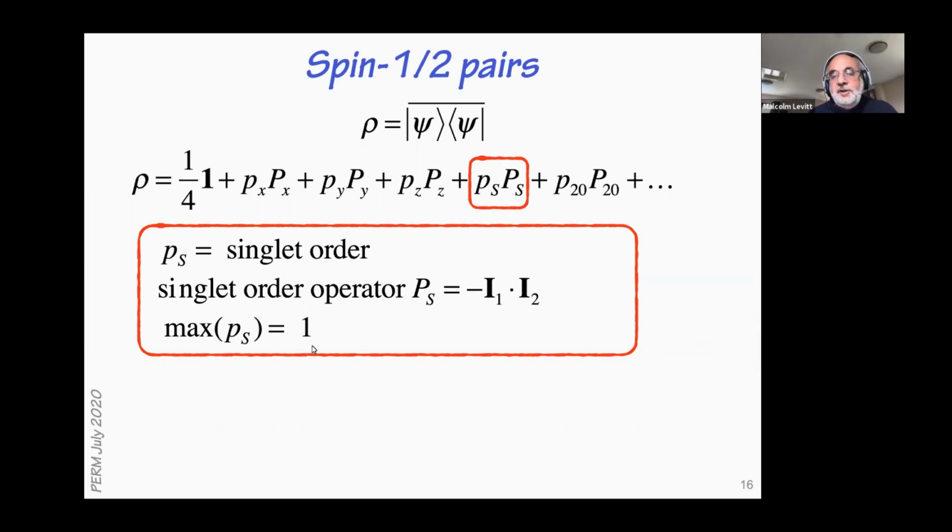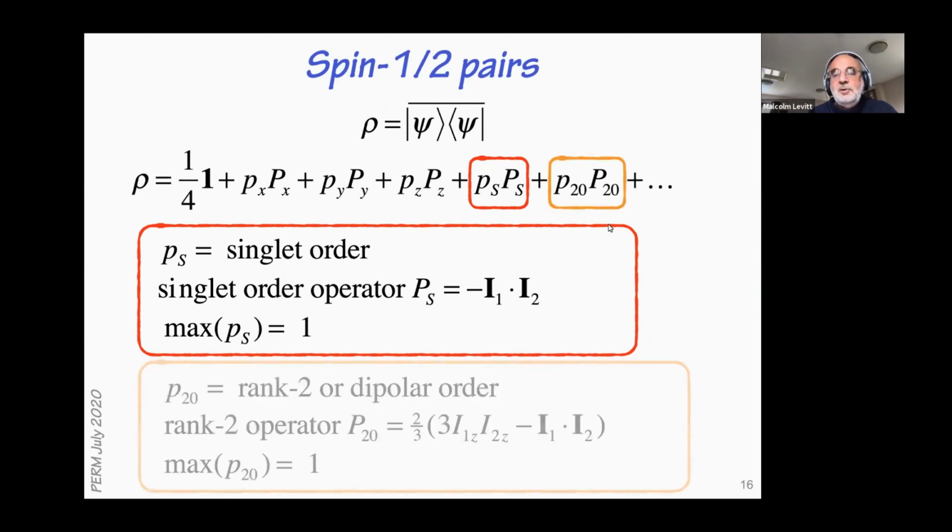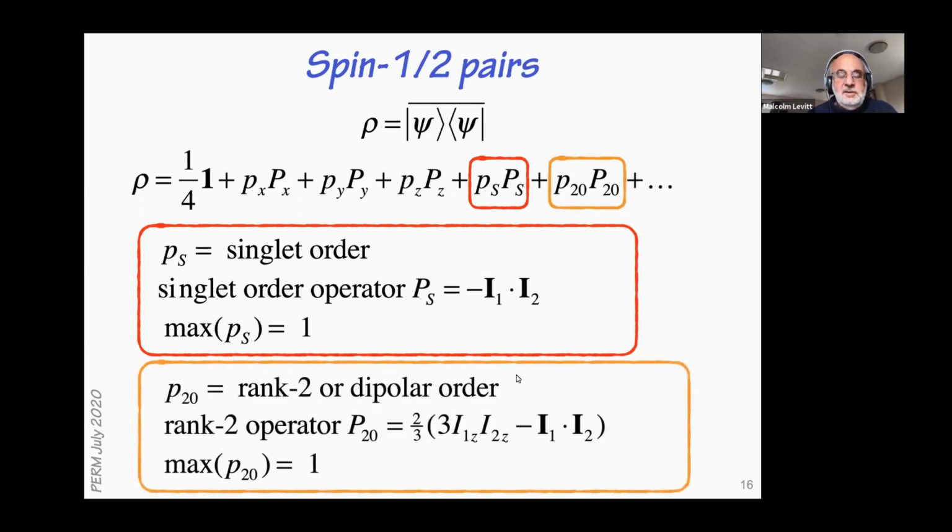And we also have another possible order as well, which I've called here P20. So we can call that the rank 2 order, or equivalently the dipolar order. In solid state NMR, that would be called the dipolar order. And it's proportional to a rank 2 spherical tensor operator of this kind here. And the maximum possible order you can have is also 1.